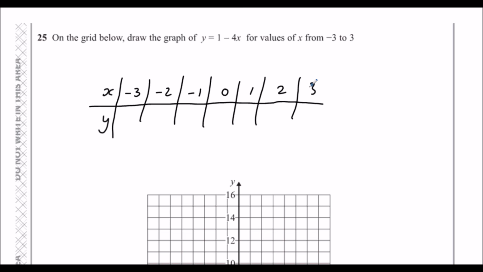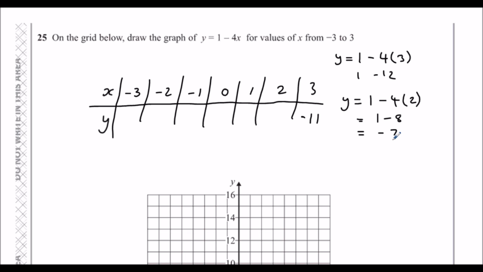So when x is 3, y equals 1 minus 4 times 3, which is 1 minus 12. 1 minus 12 is minus 11. Let's do 2. So y equals 1 minus 4 times 2, just changing x into 2, which is 1 minus 8, which is minus 7.